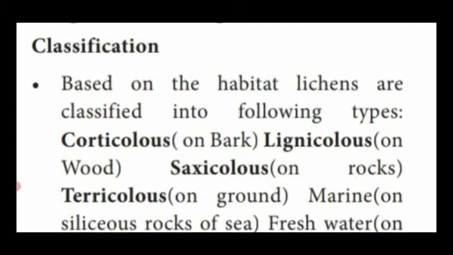That is said to be corticolous. Lignicolous. That means the lichen which lives on the wood region, like a wood block. Living on wood is lignicolous. Living on the rock region is called saxicolous.